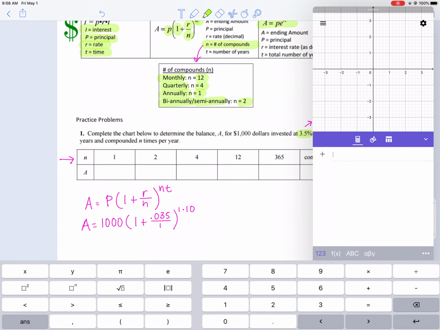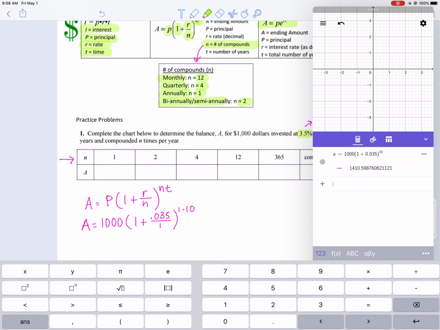Okay, so if I bring up my calculator, I'm going to clear out what I had, and watch how I'm going to type this in. 1,000, exactly how I see it. I'm going to do 1 plus. I'm going to touch on my division sign to immediately make it a fraction, 0.035. I'm going to divide it by 1, and I'm going to raise it to the, you could just do 10, or you could show 1 times 10.